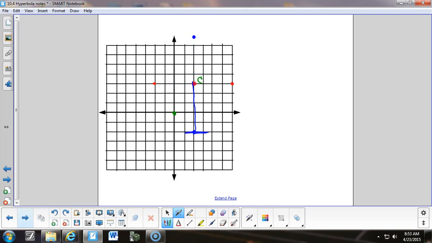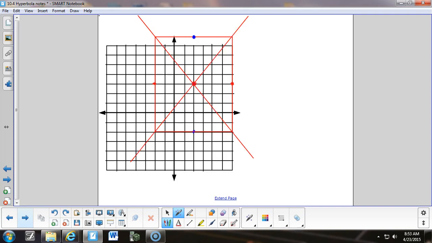Around that center point, we're going to now create a rectangle. And as it turns out, with a hyperbola, there are asymptotes. And the asymptotes are simply the diagonals of that rectangle.